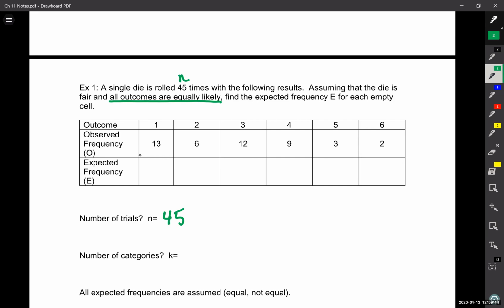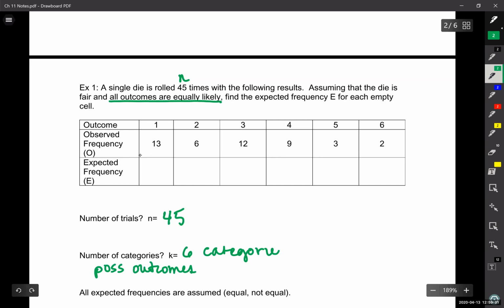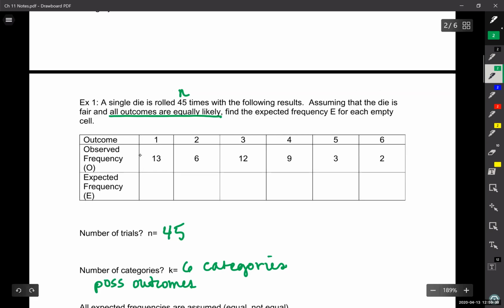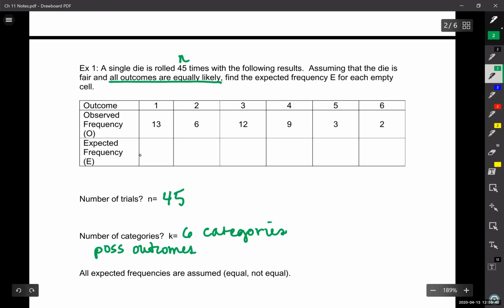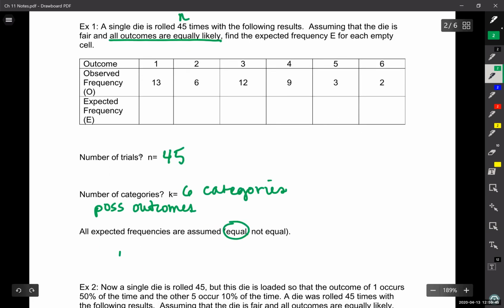Number of categories. How many categories are there? Well, how many possible outcomes are there? So it is 6 categories. There are 6 possible outcomes. 1, 2, 3, 4, 5, 6 are the 6 sides of the die. And so these expected frequencies, well, it says all outcomes are equally likely, so they are assumed equal, which means we are going to use the formula E equals n over k.